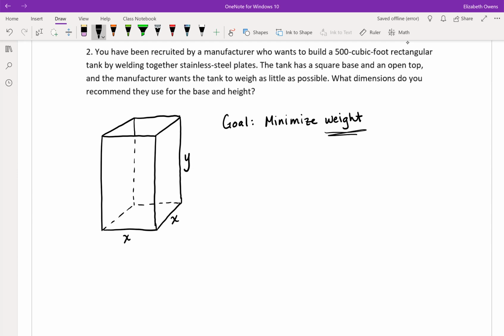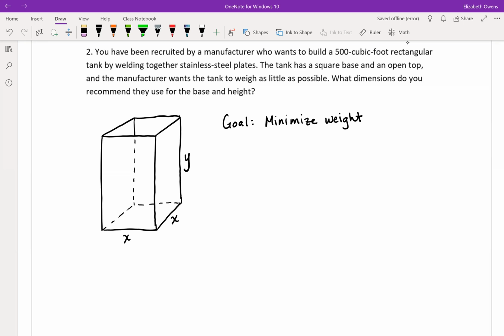And coming up with a formula for the weight of the tank could be challenging. You'd have to figure out how much stainless steel you're using, and then maybe multiply by the density of stainless steel, and you'd have to go look that up.